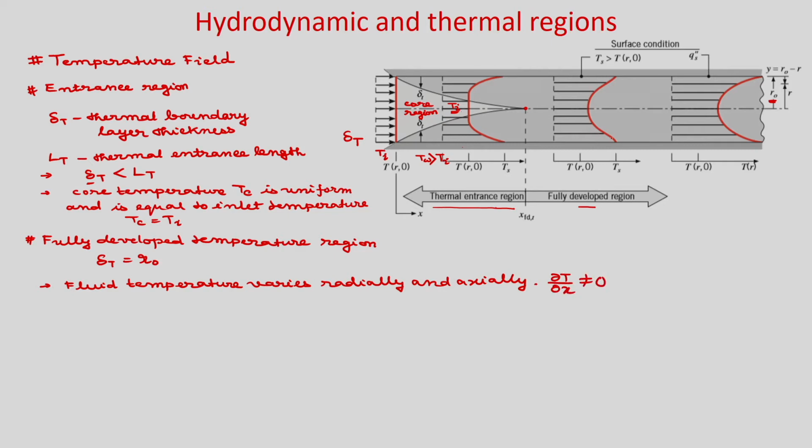Okay, you can see it will keep on changing, and here we will define later a dimensionless temperature, phi, which is invariant with axial distance x.